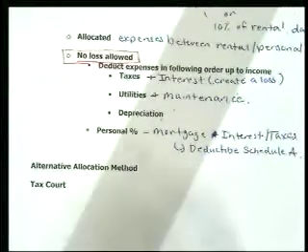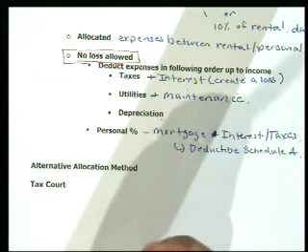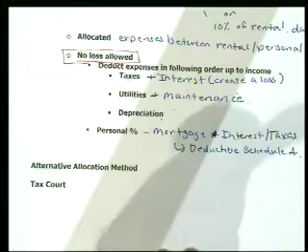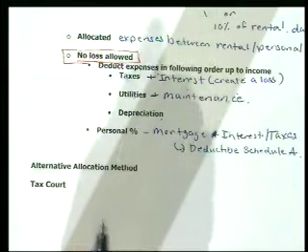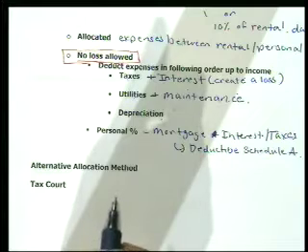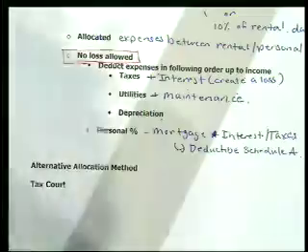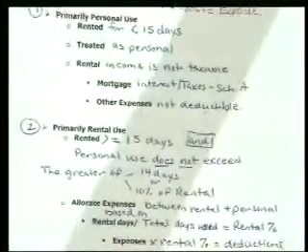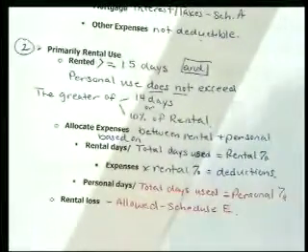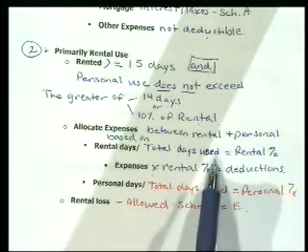Okay. Now, an interesting thing is this alternative allocation method. There's an IRS method, and then there is a tax court method. On page 3-4, it should be noted that the U.S. Tax Court has allowed taxpayers to use 365 days for the allocation of interest and taxes instead of what I spoke of here. Here I said take your rental days divided by the total days used.